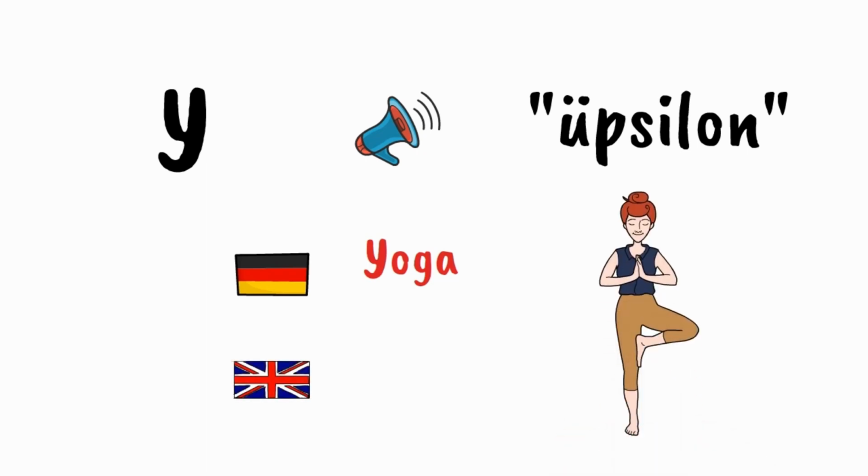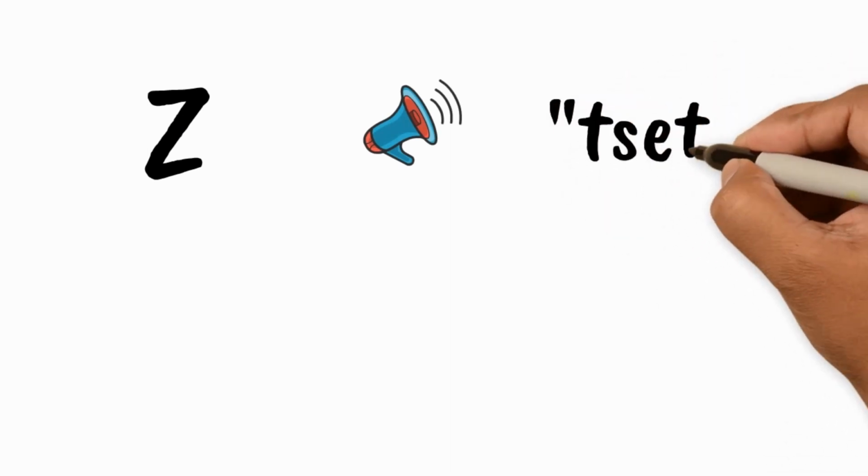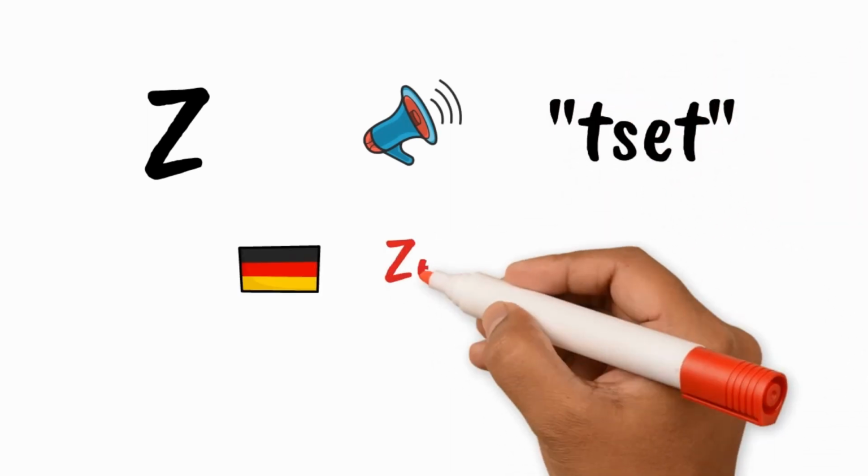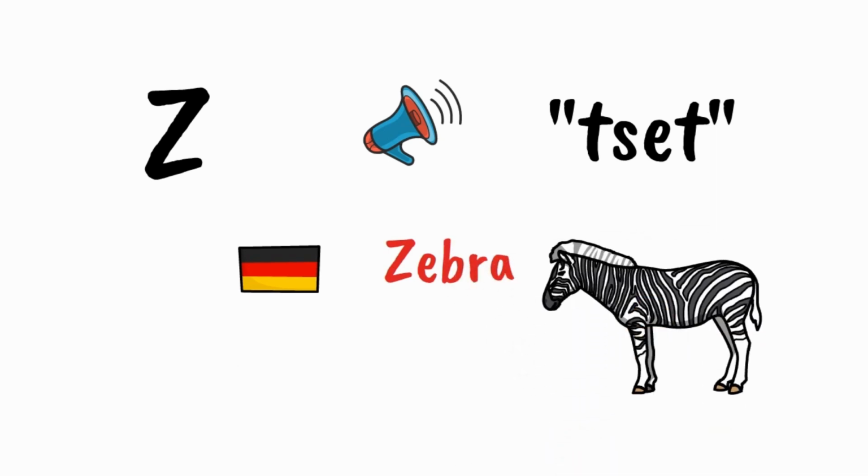Y, yoga. Z, pronounced like Z in English. Z, zebra.